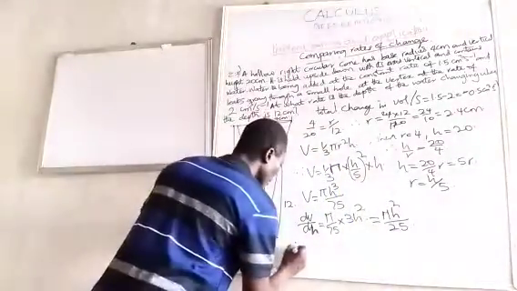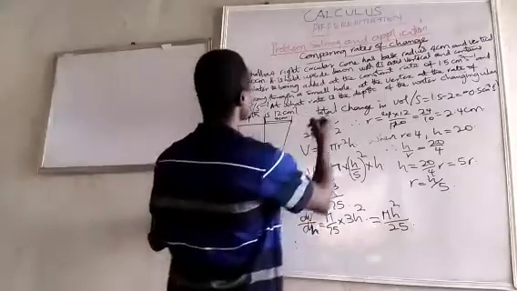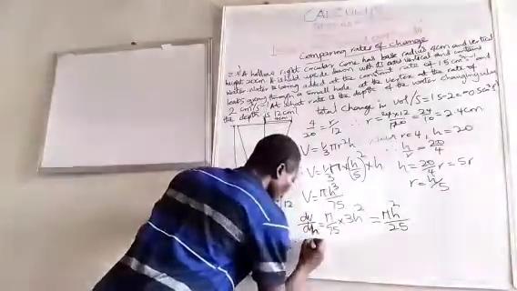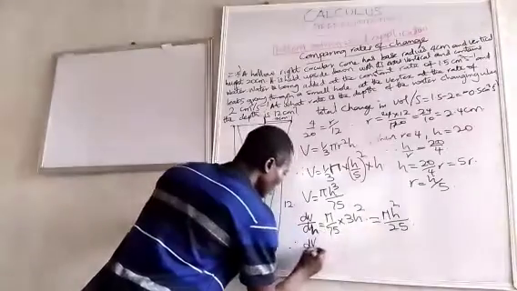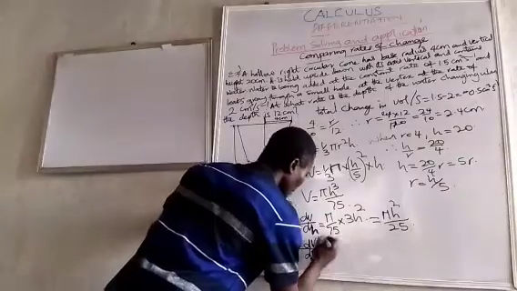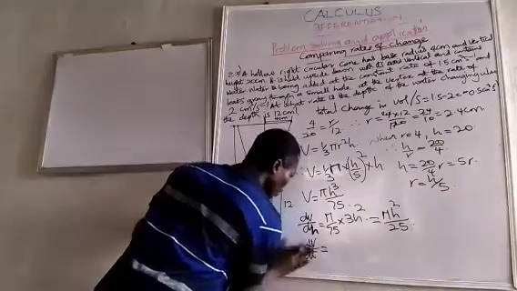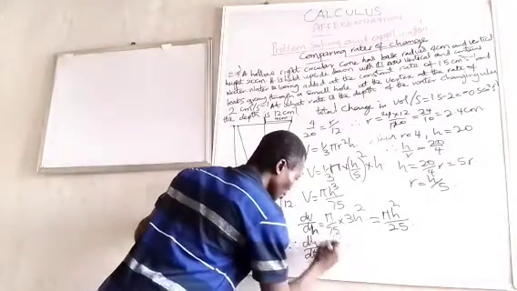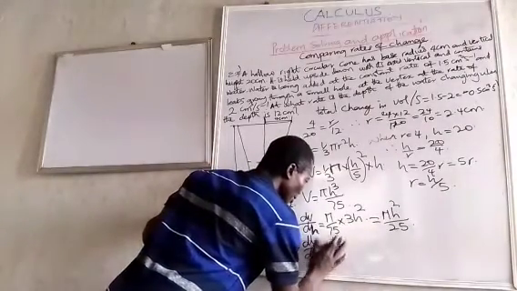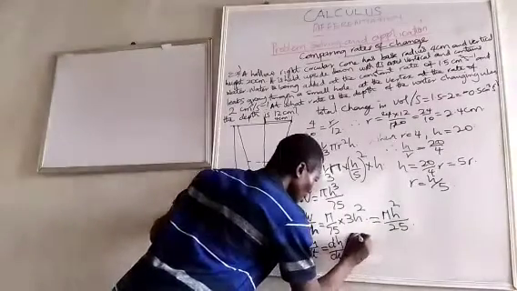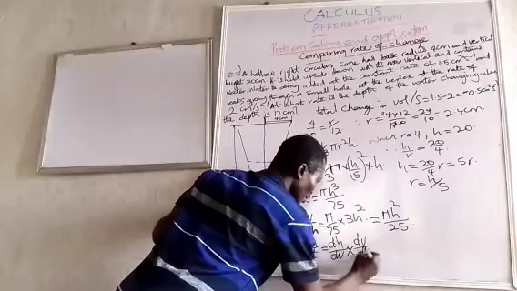Therefore, how is the depth of the water changing? So we can now say dh/dt is equal to dh/dv times dv/dt.